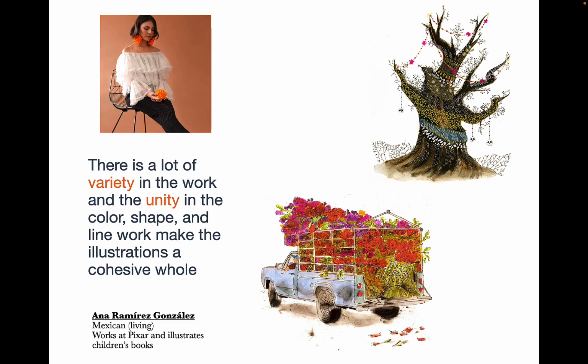So if you have something with a lot of variety, a lot of different shapes, a lot of different stuff going on, think of how you can unify those things the way that this artist does so well. She also works at Pixar and worked on the animation Coco, if you might recognize sort of this style from Coco. So she is really interesting and has a pretty exciting career. She also illustrates children's books.